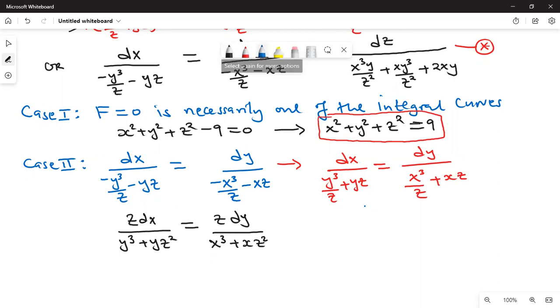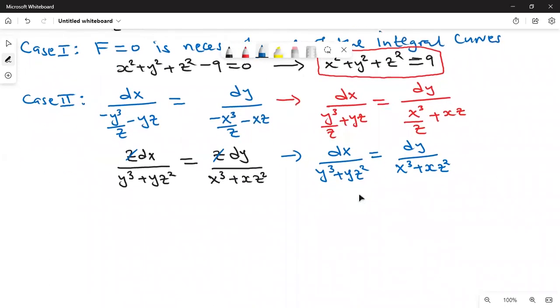And you see this z will cancel with the other z. So we have dx over (y cubed plus yz squared) equals dy over (x cubed plus xz squared).